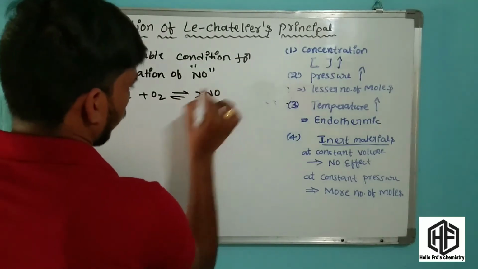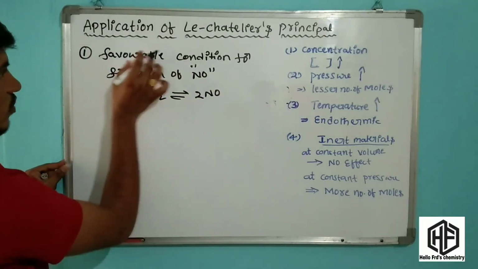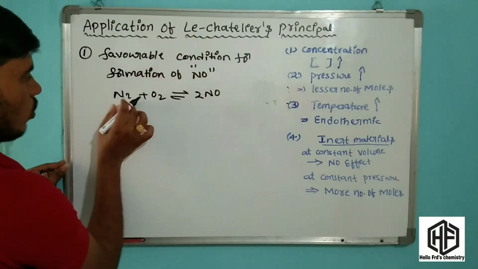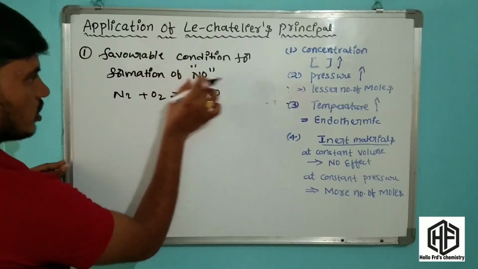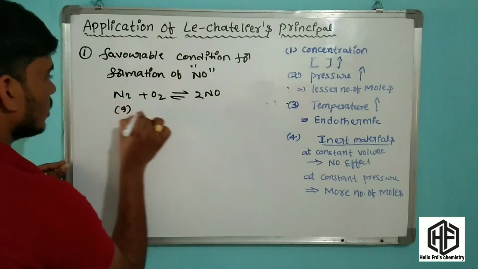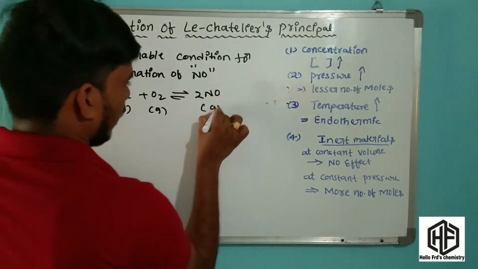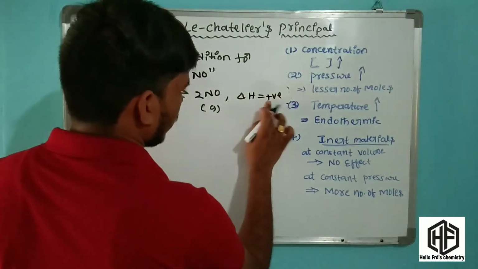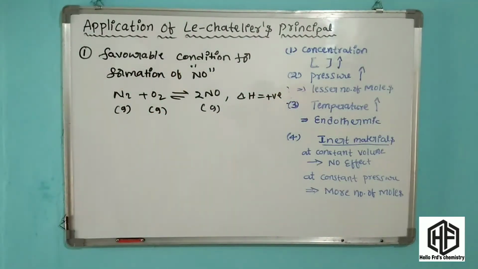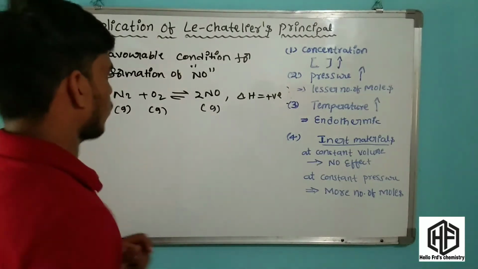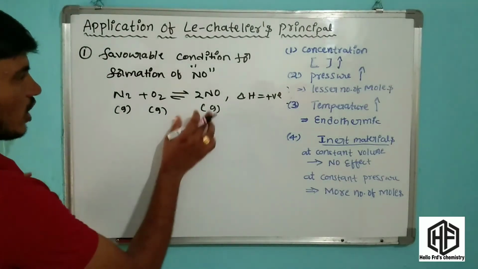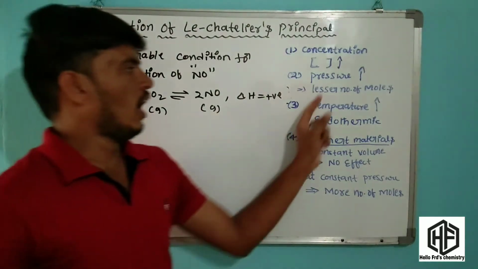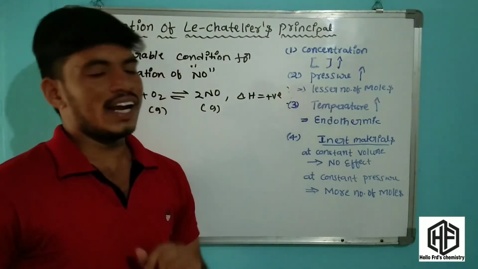These are gases and gases. Delta H is positive. This is the reaction. Now what is the favorable condition for pressure and temperature?